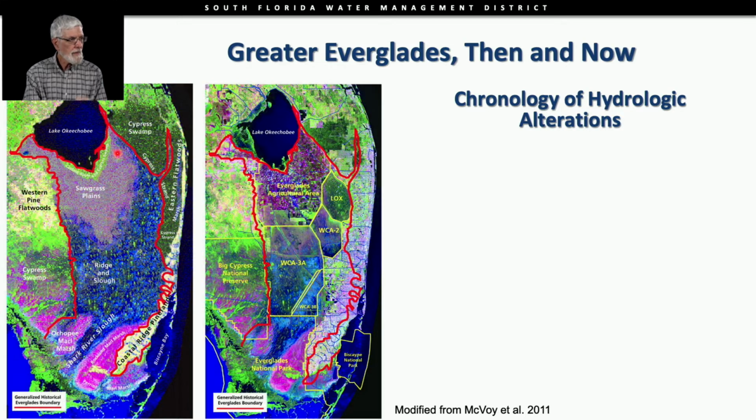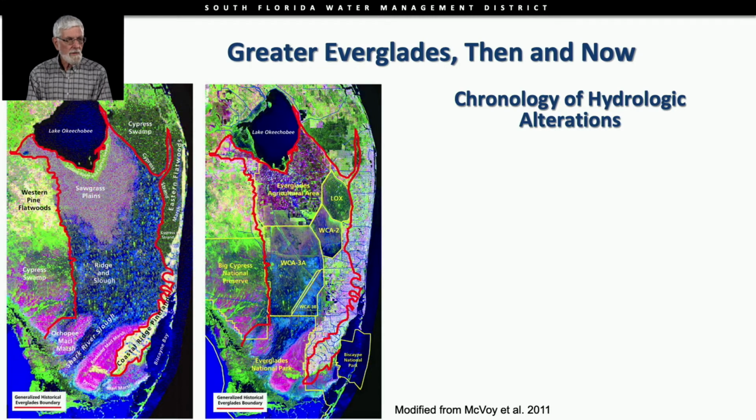And along the edge of Lake Okeechobee, there would be a very thick forest of pond apple. And now, of course, that pond apple is gone. The sawgrass plain has been replaced by the Everglades Agricultural Area. We have approximately 3 million people living along the East Coast, and the system has been compartmentalized.